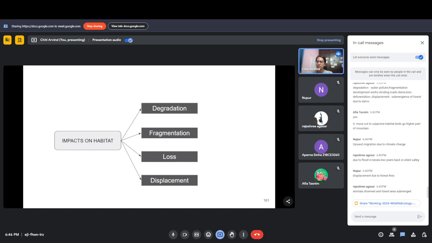Oh, I see. Okay, so that is just habitat loss. Okay, yeah. So I think we have covered all the kinds of habitat degradation, fragmentation, loss, and displacement.